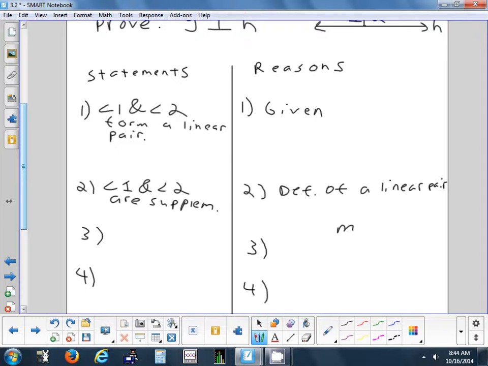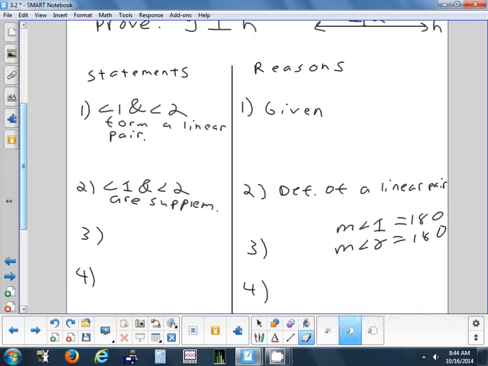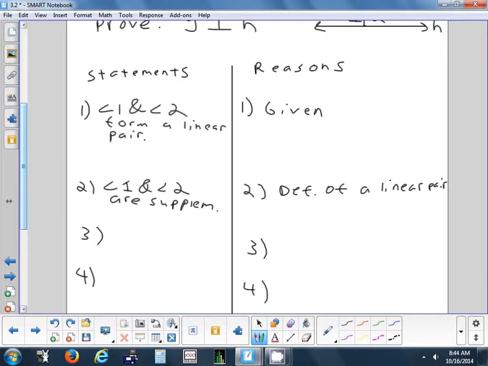The measure of angle 1 and the measure of angle 2 do not both equal 180, which is what was just said. The measure of angle 1 and measure of angle 2 add up to? There you go. They add to 180, yes. So you can say that they add up to 180, their sum is 180, however you want to say it.